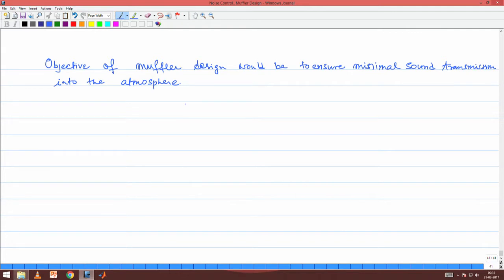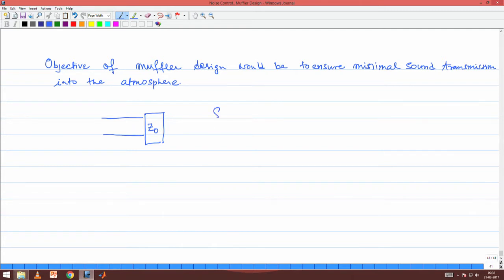So, the question is, how do we capture this idea of what is the sound transmission that is going into the atmosphere. So, remember, finally what happens is that there is a tailpipe which is opening at the atmosphere, which is taken as the radiation impedance Z 0, right.